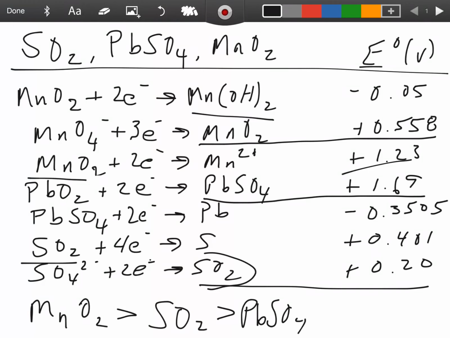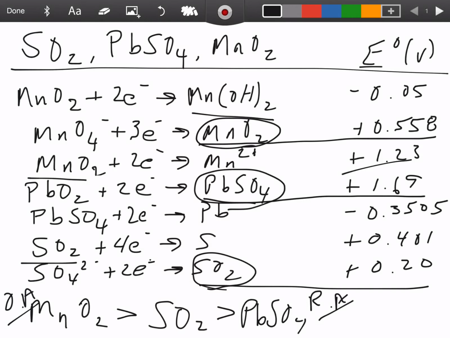So SO2 becomes my best reducing agent because it gets oxidized the most easily. MnO2 is second, and then lead sulfate is third in terms of reducing agents. So again, these are the oxidizing agents down here, and for reducing agents, I'm going to run out of space, but it was 1, then 2, and then 3.